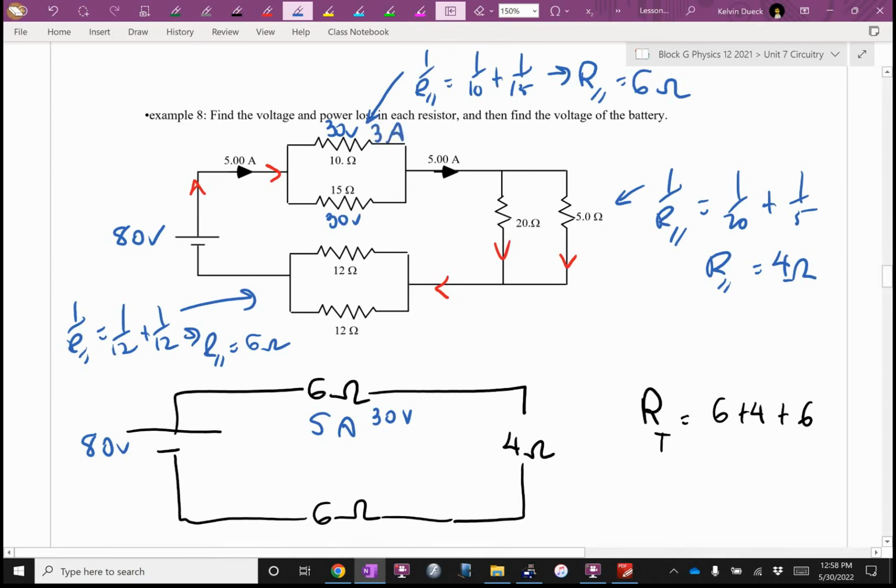3 amps. How many amps were coming into this junction? 5. How many amps must be going through that bottom one then? And I could also get that by going 30 divided by 15. No matter what, I'm getting 2 amps. Okay? How many amps are going through this 4 ohm mathematically equivalent to the right-hand side?